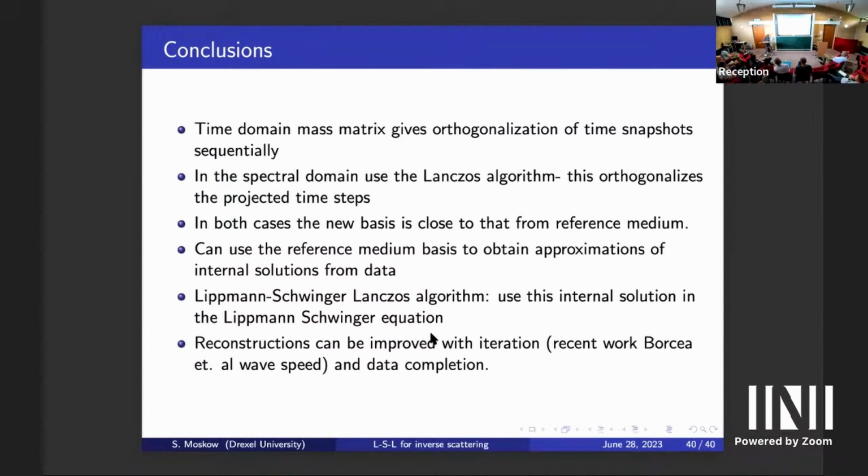Notice that in this case, in the spectral domain, this is like a Schrodinger type operator. In a wave speed problem, there are some complications due to changing wave speed. And then also the data completion for certain problems where you have only certain kinds of, not complete, data sets. So I think that was all.